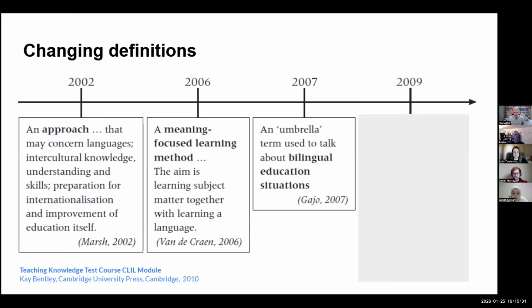And that's where I think the definition became used more vaguely and widely. Sometimes, if you teach a bit of geography concepts at the end of a unit of an English language teaching course book, they'll say, right, that's CLIL, that's your CLIL bit.